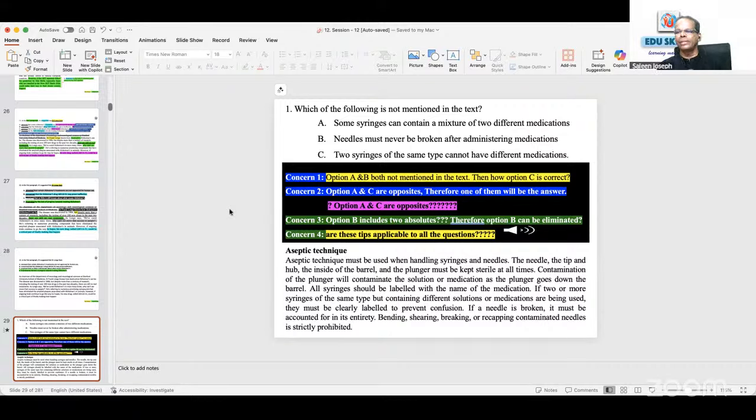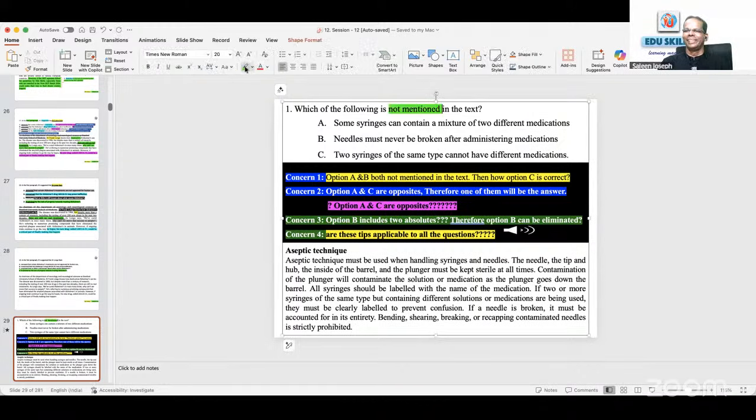Then how is option C correct? Okay. Now the question is, which of the following is not mentioned in the text? What are the hedging words? Not mentioned is the hedging word.